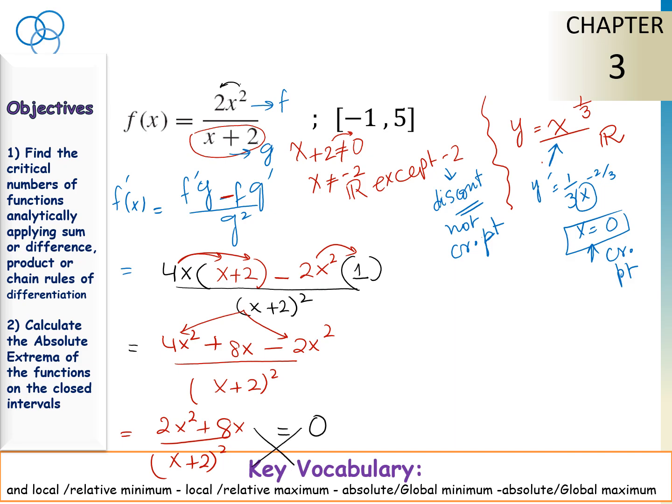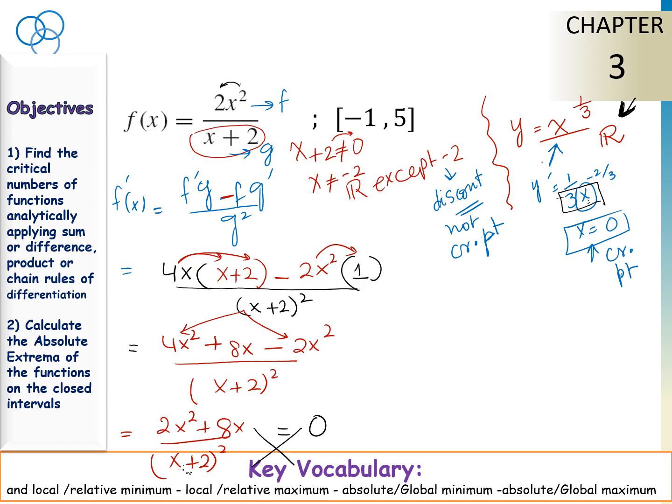Now cross multiply. Again, in the previous case, when you had the denominator in the derivative, since the main function's domain was all real numbers, we set the denominator equal to 0. But in our case, we will not set the denominator equal to 0.